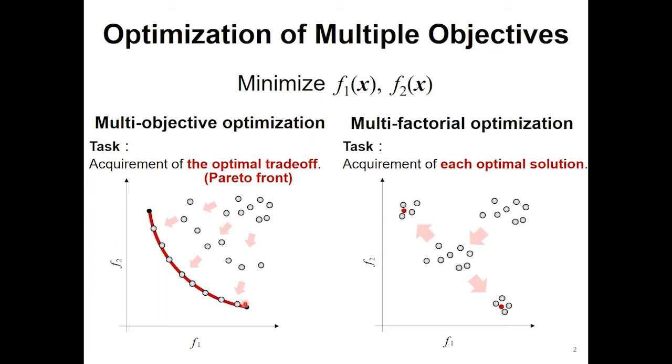On the other hand, in the case of multifactorial optimization, solutions in the population cooperate in searching for each optimal solution. Recently, the attention to evolutionary multifactorial optimization has been growing. Our focus in this work is evolutionary multifactorial optimization.